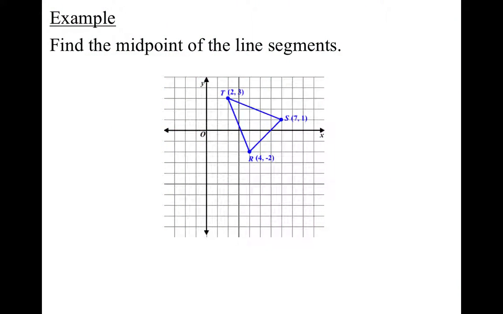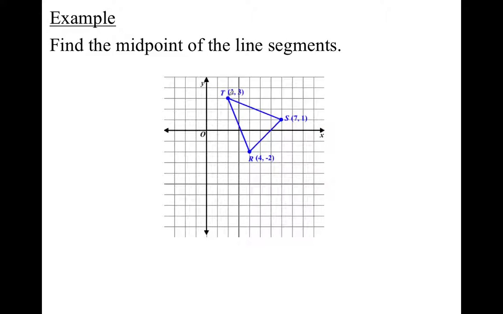When we look at this example, it says find the midpoint of the line segment. So now we're taking what we just learned and we're applying it a different way. Some students will look at this and say, well, Mr. Collier, how do we do this? Well, you do it the exact same way, okay? I'll start you out.